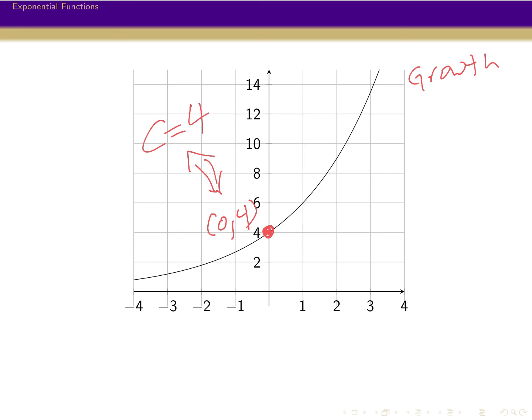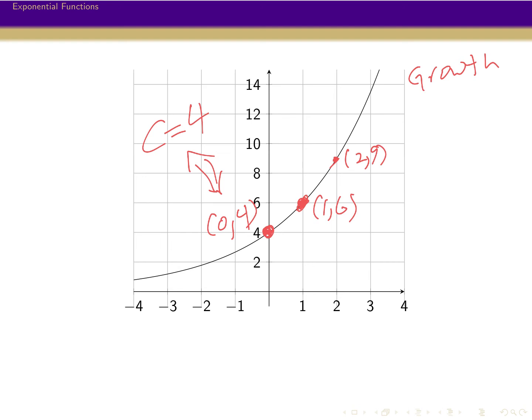Now, to figure out what the base is, we're going to look at the ratio between the different values. So when x is equal to 1, the y value is 6. When x is equal to 2, this looks like it's halfway between 8 and 10, so it looks like it goes through (2, 9).